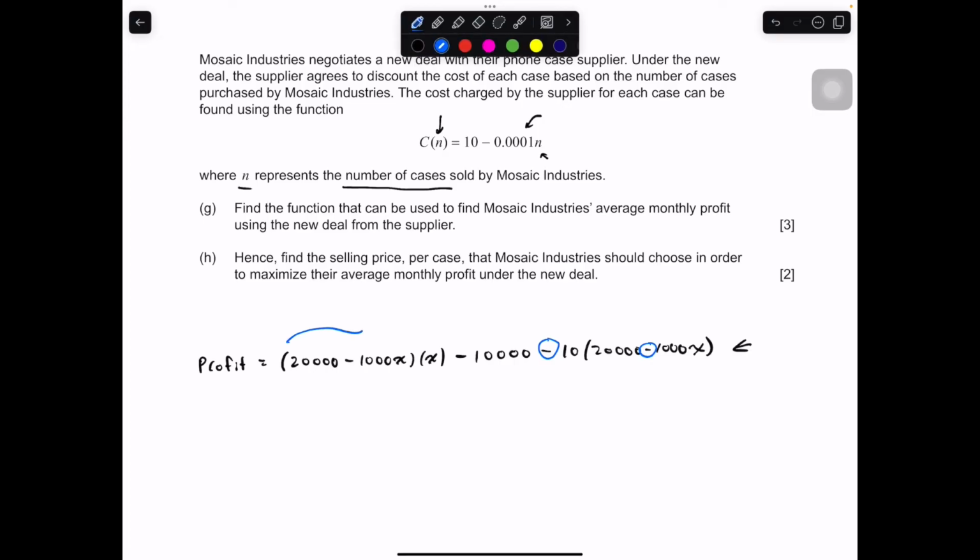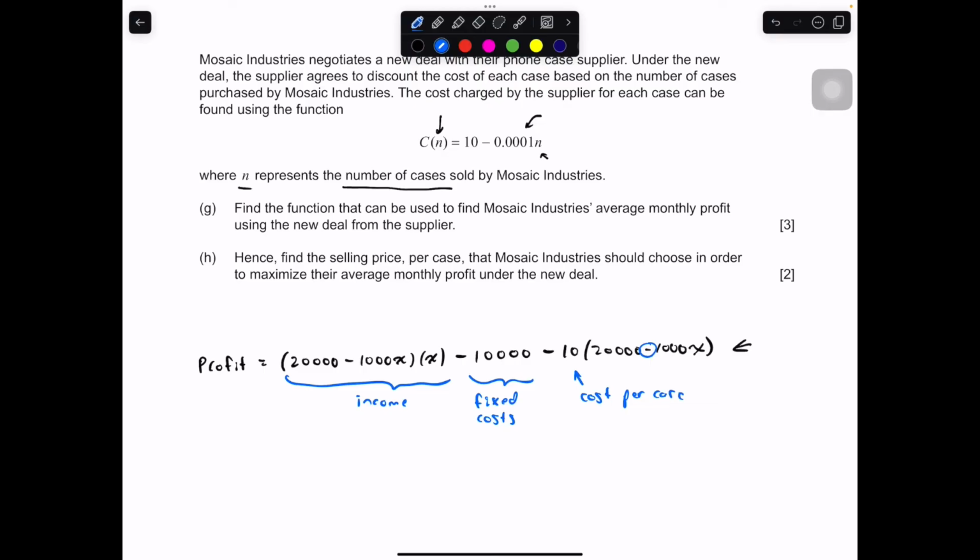This is their income. This is the fixed cost, the overhead. And then they had this final value. And this, remember, was the cost per case.